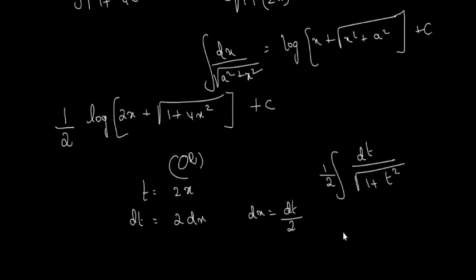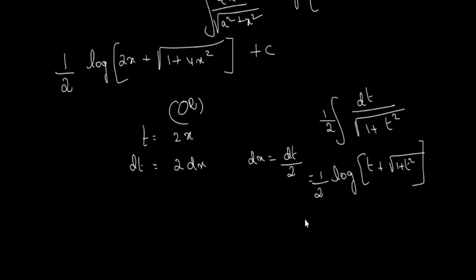We are going to use the same formula now. So 1 by 2 will come out now. 1 by 2 log x is t plus root of 1 plus t square. So that is equal to 1 by 2 log t is 2x plus root of 1 plus 2x the whole square, that is the question, plus c.